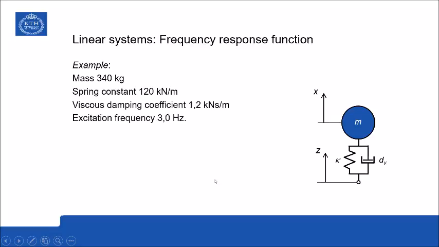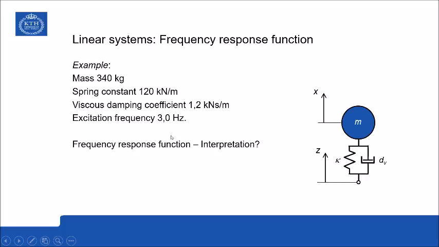An example now. Suppose now that the mass here is 340 kilograms and that we have a spring constant of 120 kilonewtons per meter. The viscous damping coefficient is 1.2 kilonewton seconds per meter, and let us consider a specific excitation frequency at 3.0 Hertz.